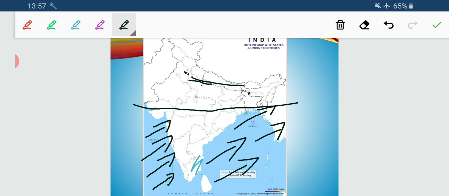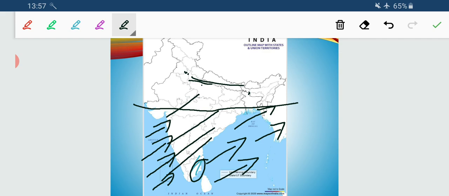Now when the winds move from the Arabian Sea, they are unable to touch the Tamil Nadu part, because they move parallel to Tamil Nadu. Tamil Nadu is not touched by the winds approaching from the Arabian Sea, and the Bay of Bengal winds are totally in a different direction from Tamil Nadu.